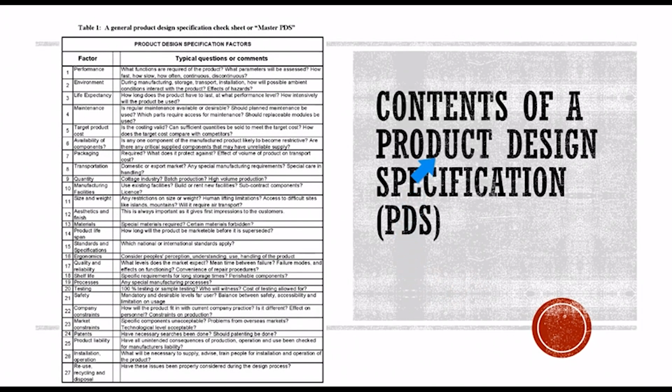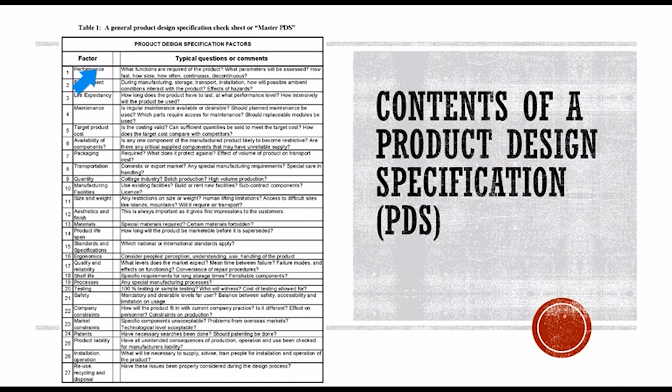Here is an example of the content usually used in product design specification, or PDS. As you can see, there are 27 factors which can be considered in PDS. Let's say we take factor number 1, which is performance.